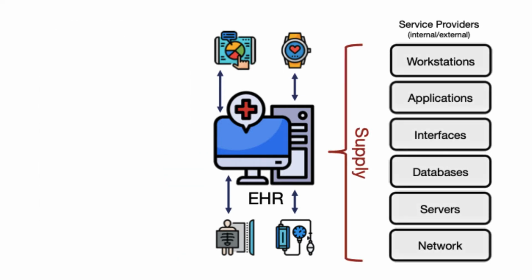An average hospital also has many different service providers. A number of them are shown on the right side of your screen. These service providers can be internal, meaning they are teams or departments within your own hospital, or they can be external, meaning they are separate organizations with some form of contractual relationship. There's a huge variety of supply by the service providers.